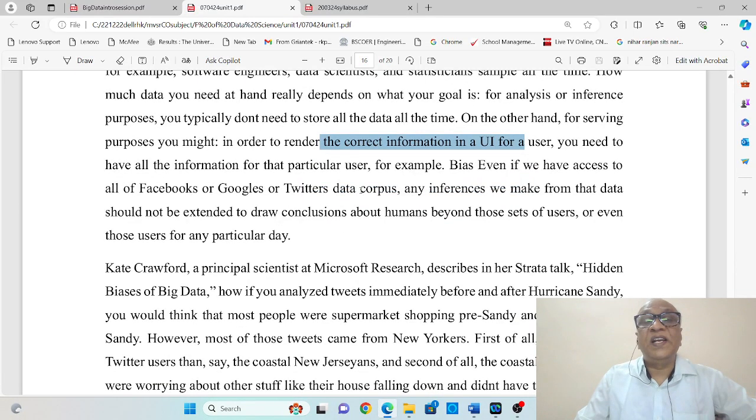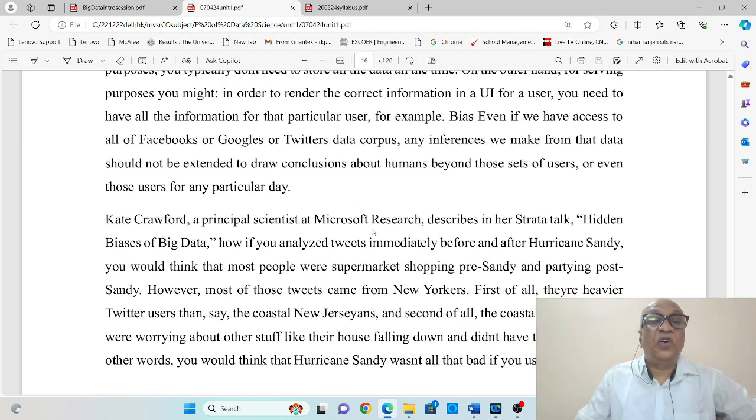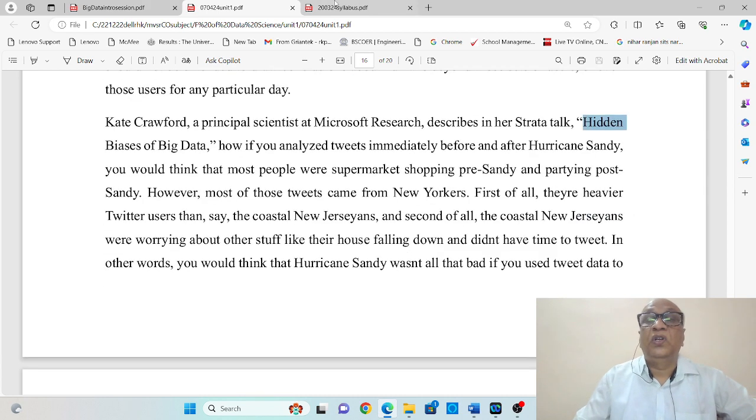Now, whenever we are taking a sample from the data corpus, any inference drawn should not be treated as a conclusion, because there is a problem. That problem is highlighted by Kate Crawford in her article Hidden Biases of Big Data. Suppose a hurricane occurred, and to analyze that you compiled all the tweets.